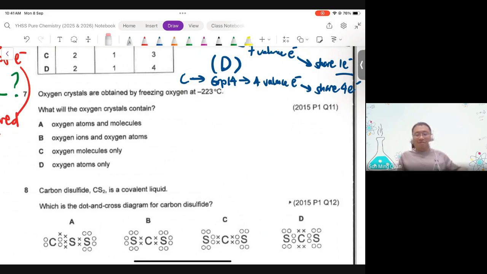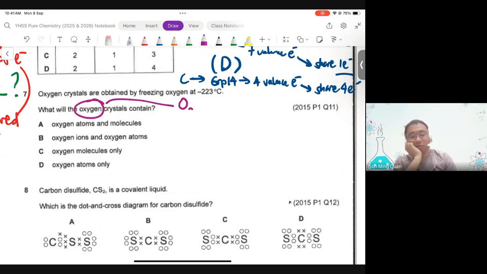One more student to vote. Okay, I'm just going to end the poll here and I'll show everyone the results. You can see it's a very split vote, right? The first step is to know what on earth oxygen is.